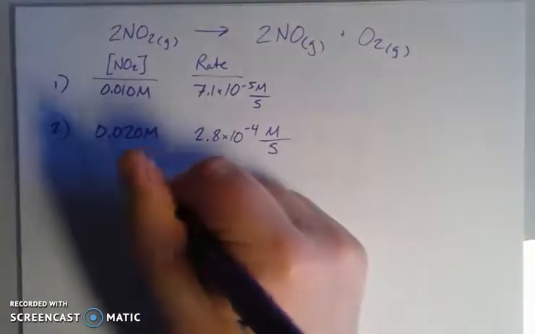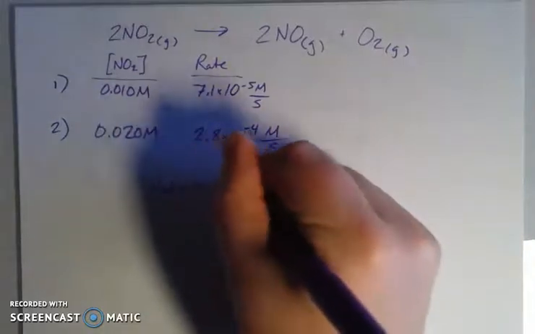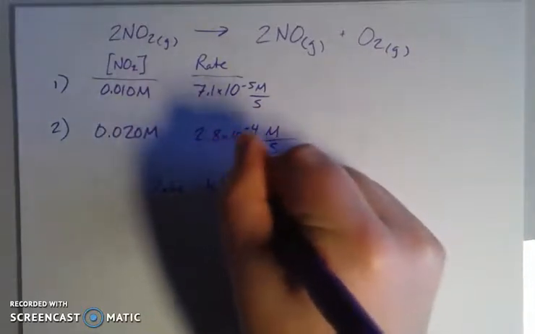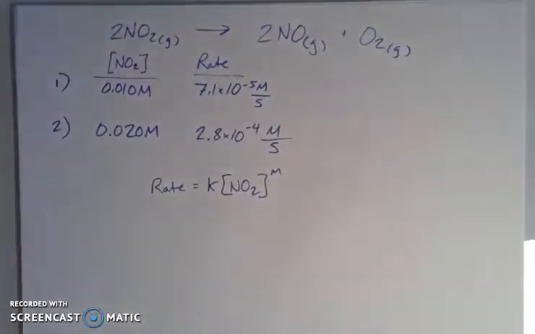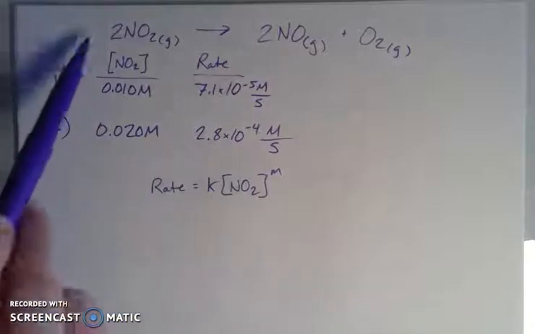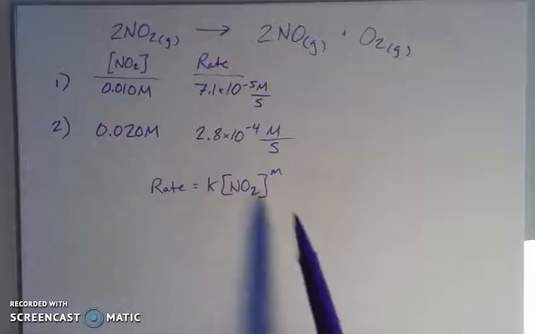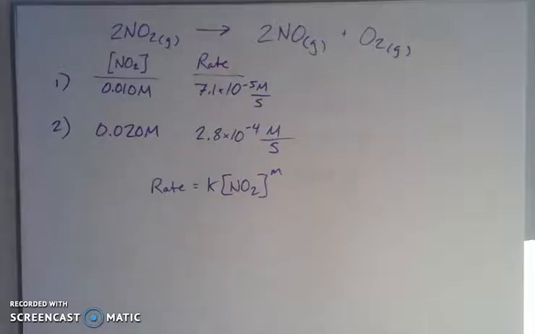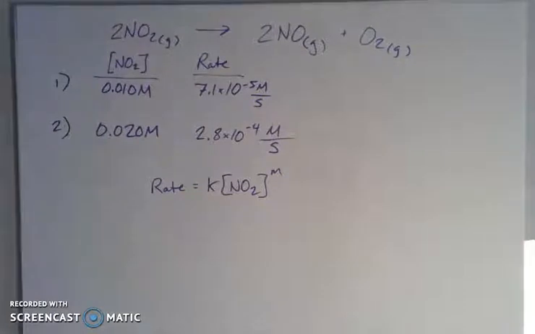So we know that our rate is going to look something like this. The rate is equal to some constant times the concentration of my reactants raised to some power. Okay? This is the generalized expression for this particular equation. You'll always be able to write a generalized expression because right now I don't know what that exponent is, but given these data, I will know what the exponent is.